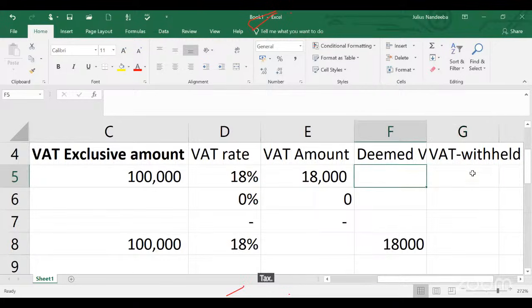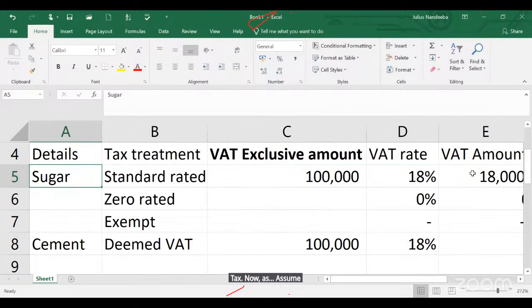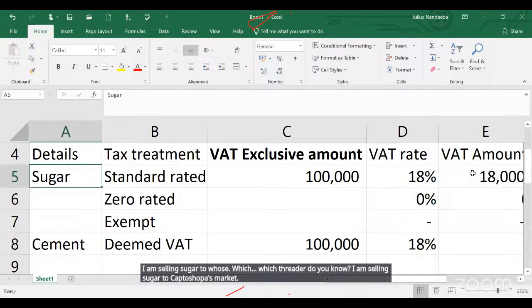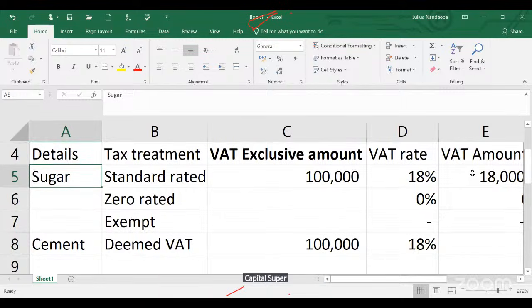Now, assume I am selling sugar to Capital Shoppers Supermarket. I have supplied them sugar, but Capital Shoppers is the designated withholding agent for VAT purposes.